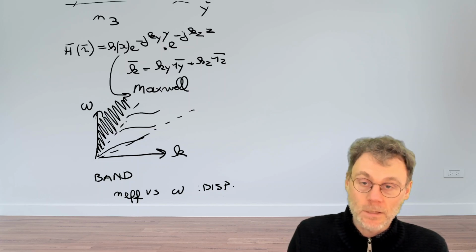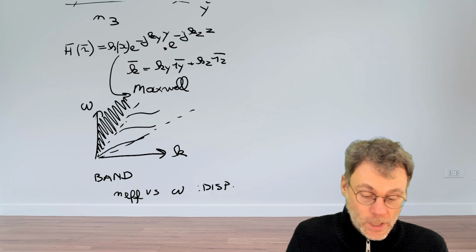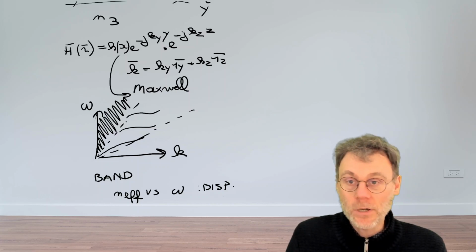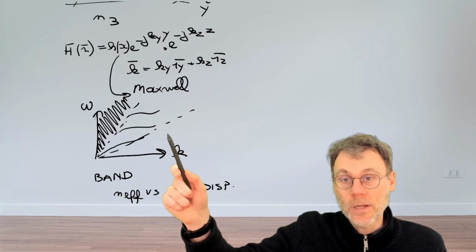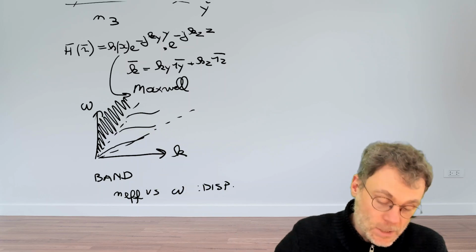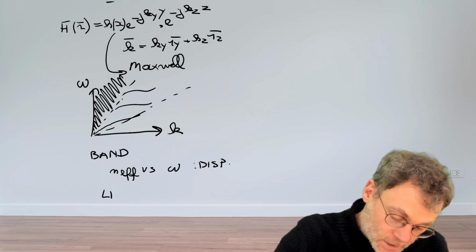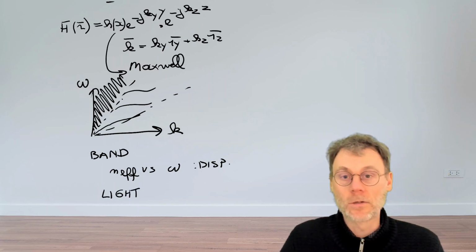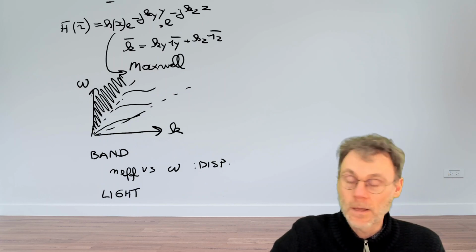But that's for the next videos. But before we go there, a final piece of terminology here. The line that separates these discrete solutions from the continuous solutions over there is called the light line. So this is also a term that you can encounter in the literature.